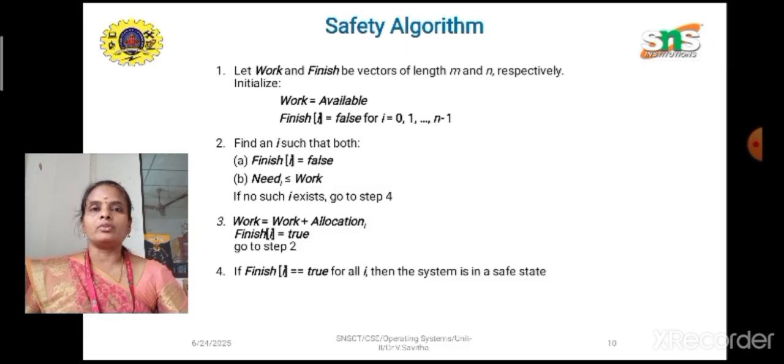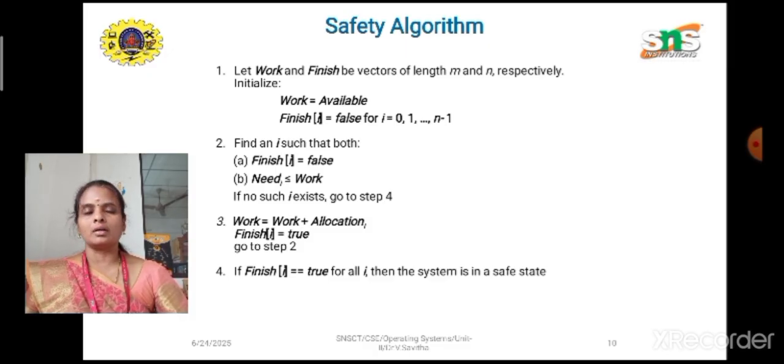For example, if I have 3 processes P1, P2, P3, I assume P1 doesn't complete, P2 doesn't complete, and P3 doesn't complete. That means Finish[P1], Finish[P2] and Finish[P3] are all false. Finish becomes true when the resources are allocated to the process and it has completed all its job.